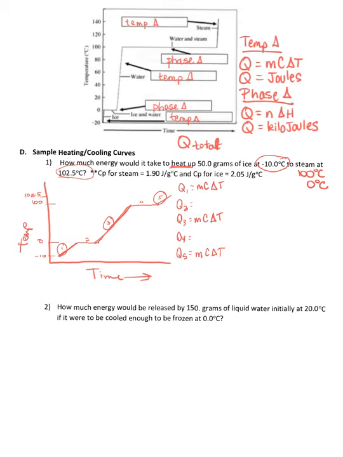The difference, though, is the fact that in the first one, from -10 to 0, this is ice. In the third region, we're dealing with plain old water, liquid. And in the fifth one, we're dealing with steam.